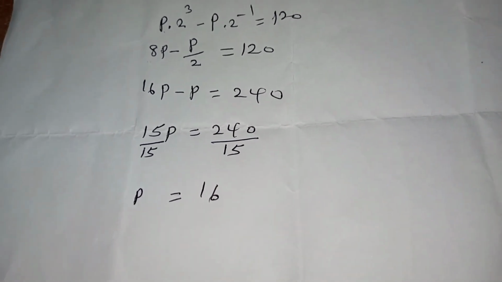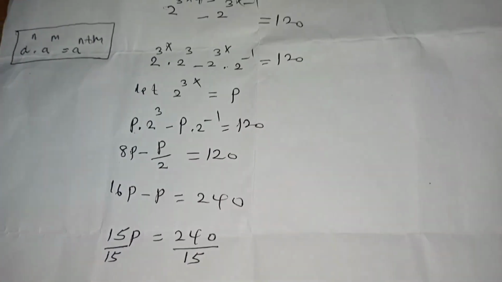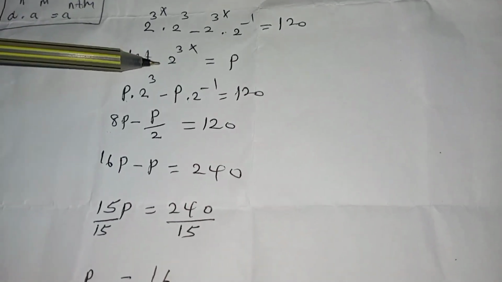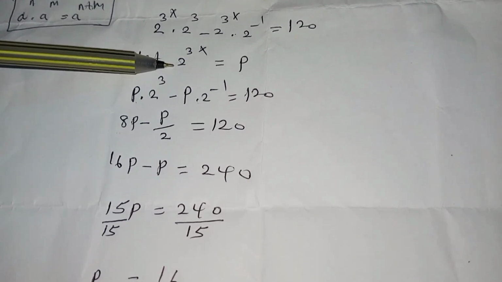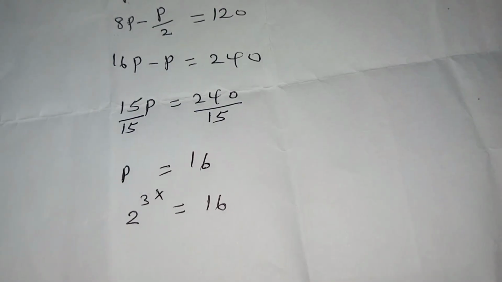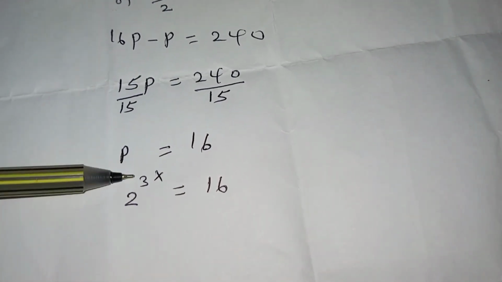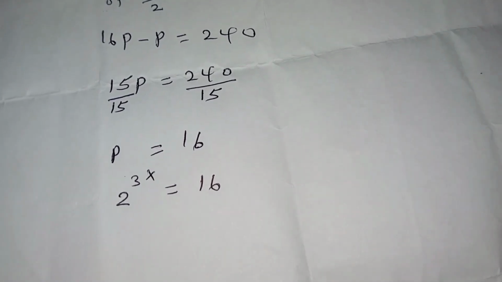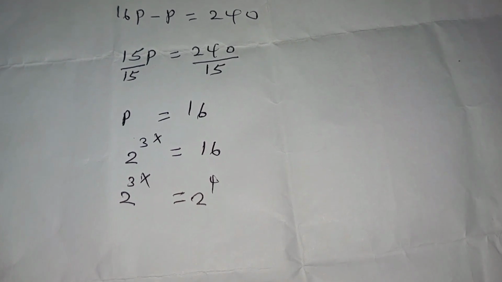Then we remember the substitution we had made above here, that p is equal to 2 power 3x. So we substitute there to obtain 2 power 3x is equal to 16. 16 to base 2 is the same as 2 power 4. So 2 power 3x is equal to 2 power 4.